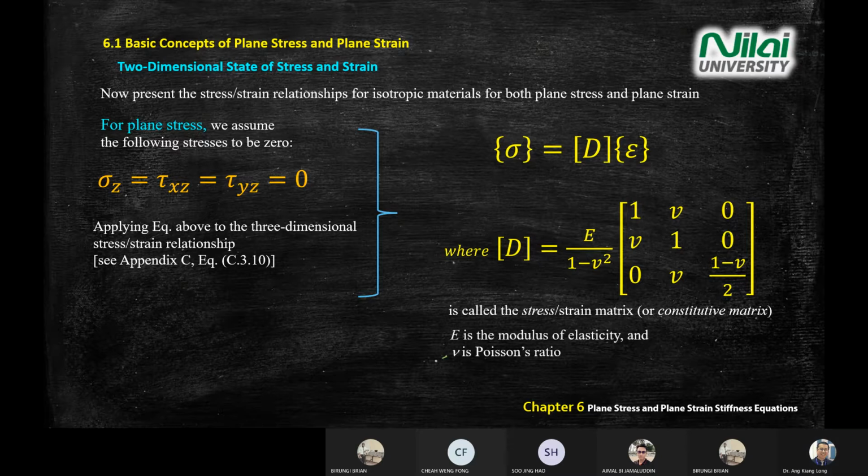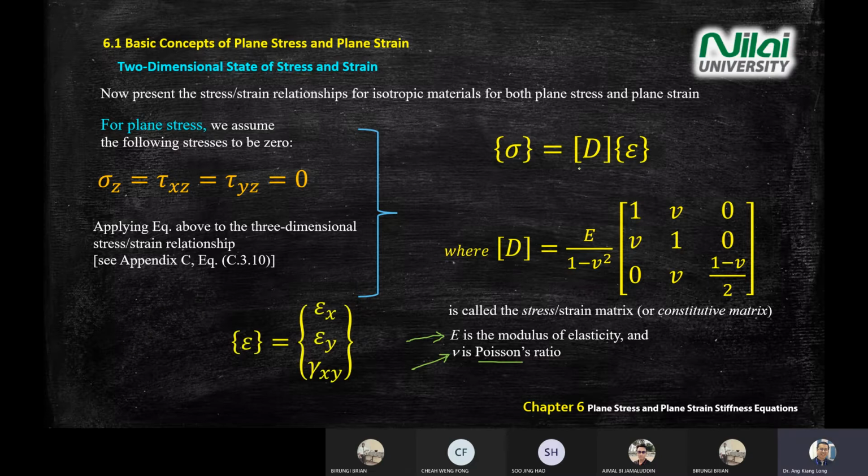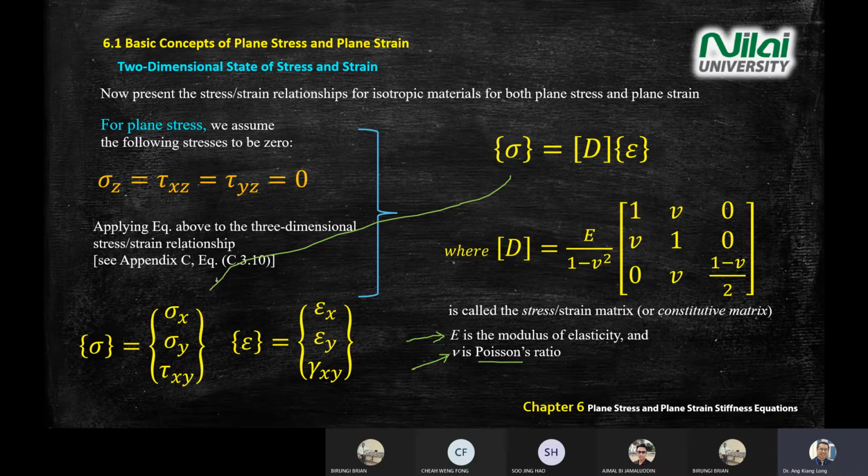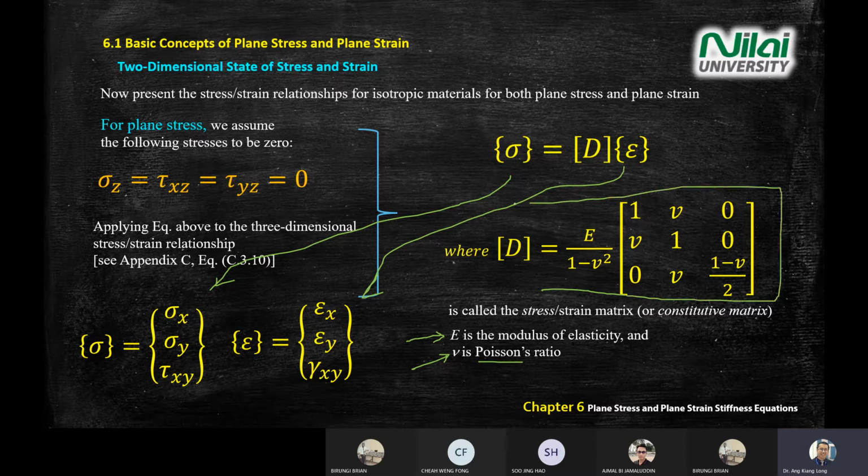Now, if you don't know what Poisson ratio is, go and read your statics and dynamics or material science textbook or notes. Now, just recall you can write your stress in this form, strain in this form, and your D is standard already.